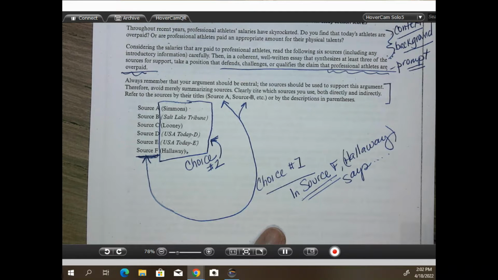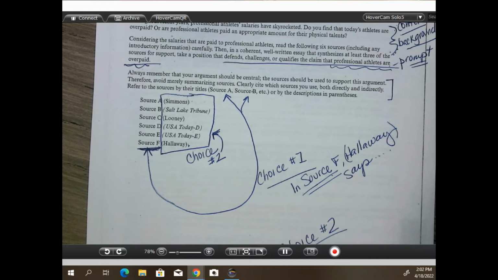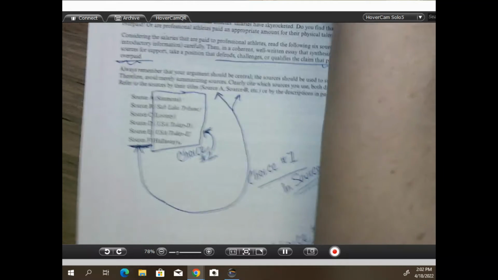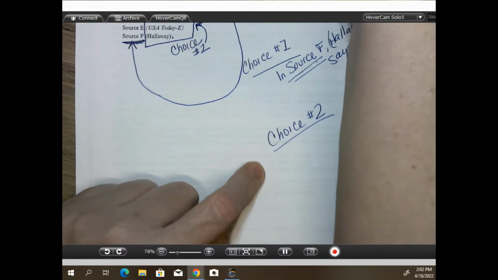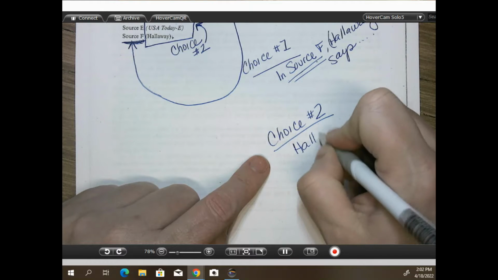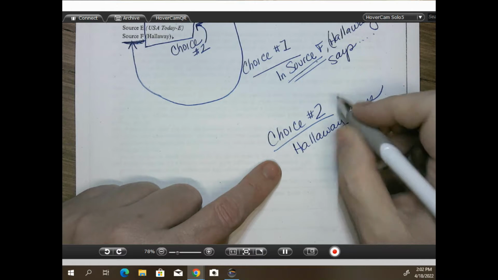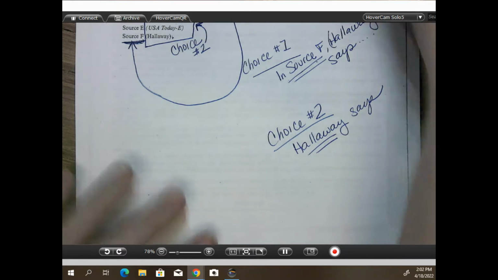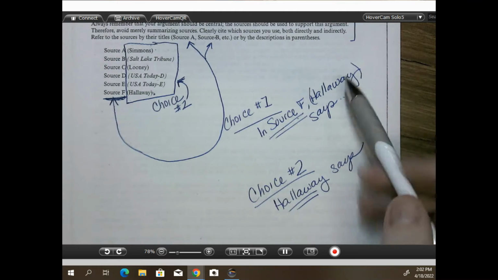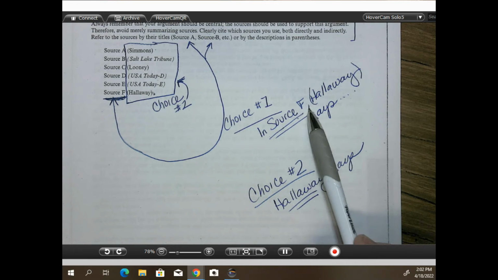Does that make sense? But if you're using choice number 2, would you ever reference what letter the document was? No. So if you're doing choice 2, you would just say Holloway says. And that would become the citation right there. So just make sure that the question really is, are you using the document letters or not?